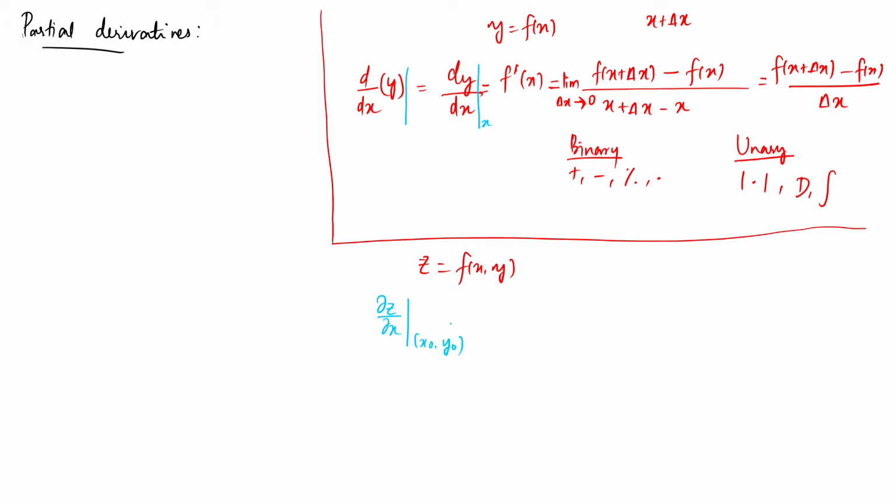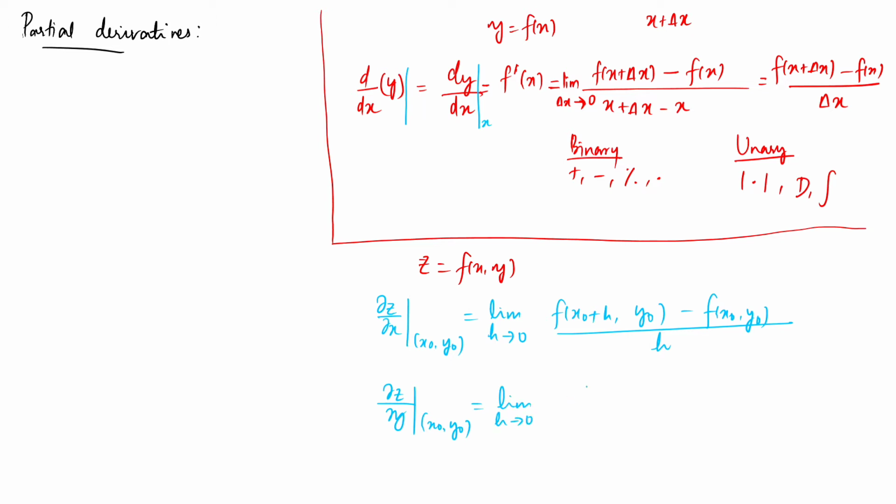So the derivative at this point is the limit as h approaches 0 of f(x naught plus h, y naught) minus f(x naught, y naught) upon h, and del z upon del y at the point (x naught, y naught) is the limit as h approaches 0 of f(x naught, y naught plus h) minus f(x naught, y naught) upon h.